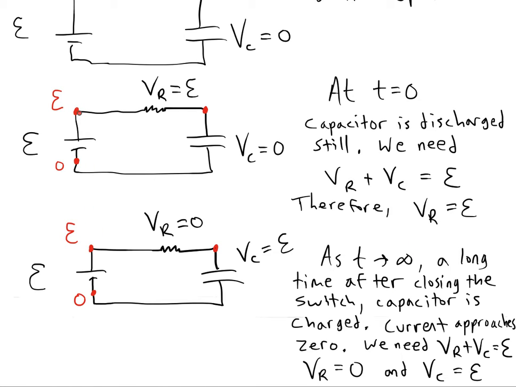So the potential at that point will be E. However, when we're first getting started with charging the capacitor, we'll have 0 volts in the wire between the elements at this time, and all the voltage drop will be across the resistor. Down here, once the capacitor has been completely charged, we'll now have the same potential on the left upper corner as we have on the right upper corner.